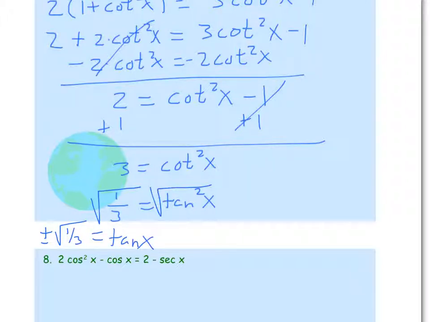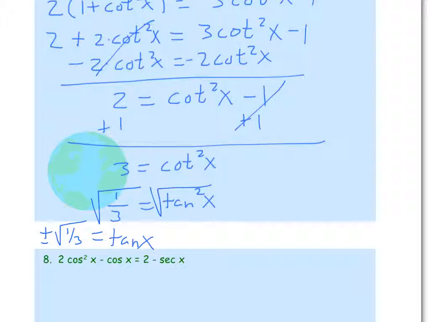Now this can be a little bit tricky because what I need to be thinking about right now is, do I use the unit circle? Because this is the point here where I do inverse tangent, because that's all I have on the right at this point. What I need to think about is the square root of 1/3 on the unit circle or not, because I should go there and get exact answers first if I can.